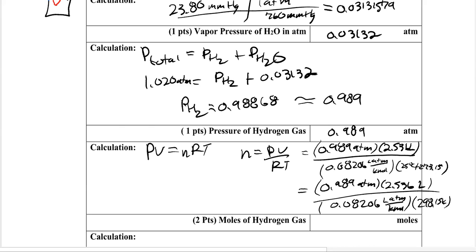All in all, my n becomes 0.1025 moles. I'm going to keep 3 significant figures because of our pressure. I only have 3 significant figures.